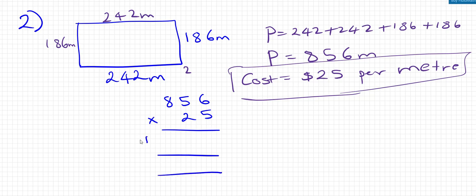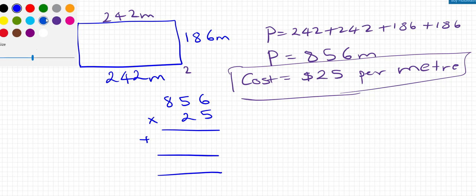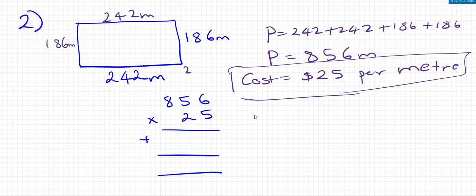We're going to have to add, because I can see I've got 1s and 10s. Alright, so 5 times 6 is 30. Put the 0 down and we're going to add the 3 later, so plus 3. 5 times 5 is 25, plus the 3 is 28. Put the 8 down, carry the 2. 5 times 8 is 40, plus the 2 is 42.